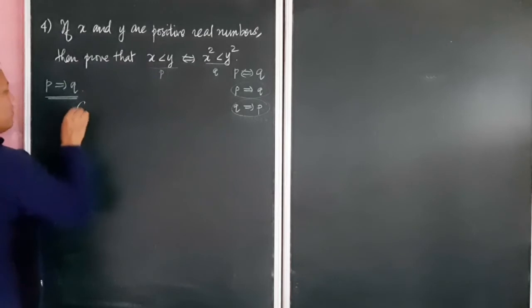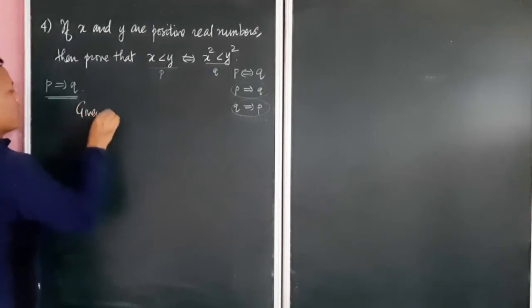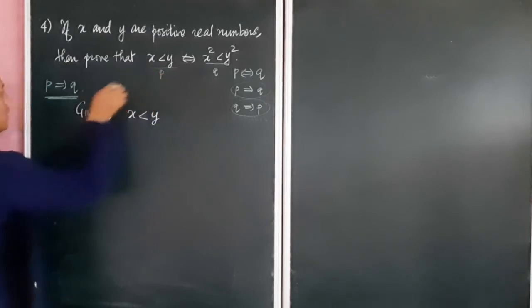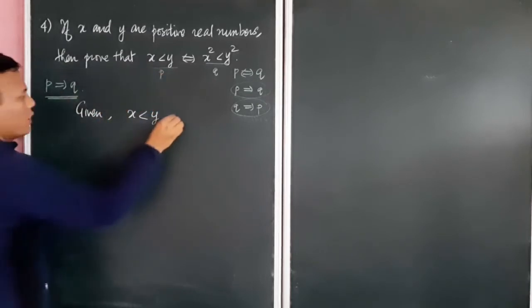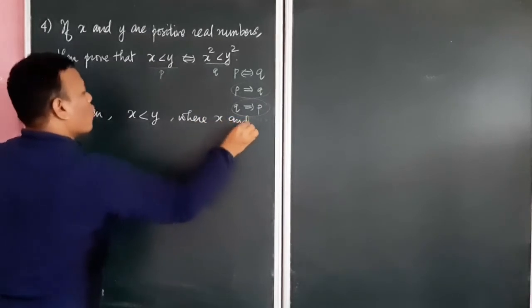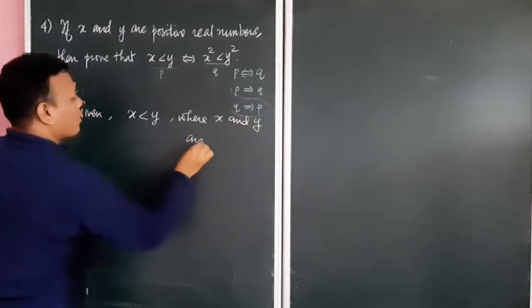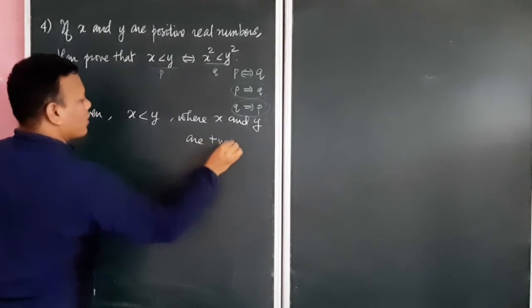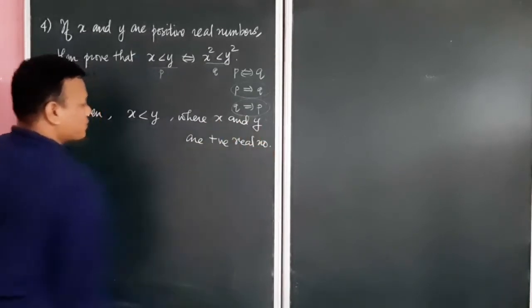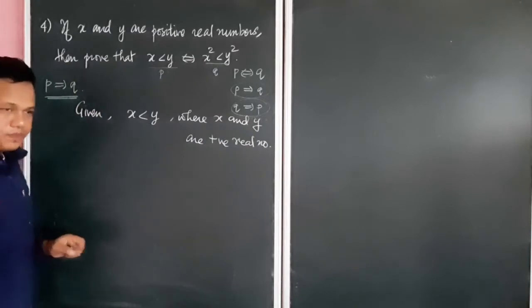So given is x is less than y, because this is my P, where x and y are positive real numbers. So that's what is given to us.